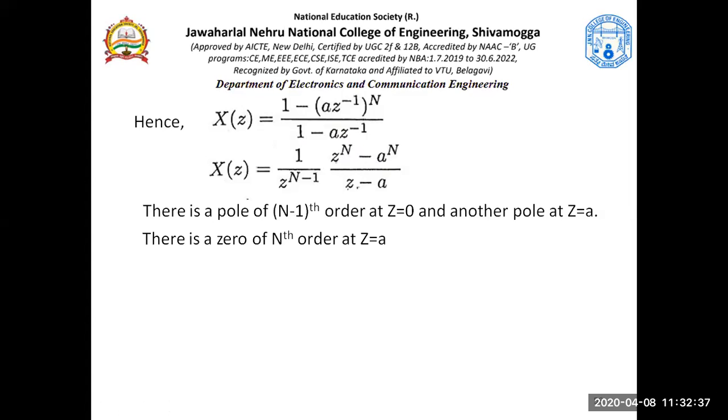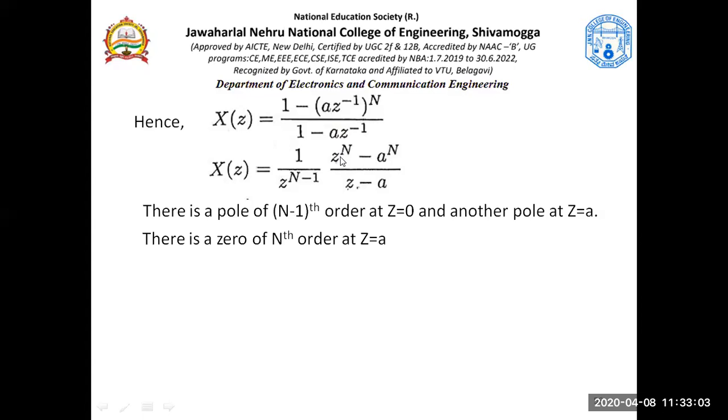In the numerator, there are capital N number of z's actually. And if those capital N number of z's are made a, it's a power n minus a power n, so this would make x of z zero. How many such z's are there?